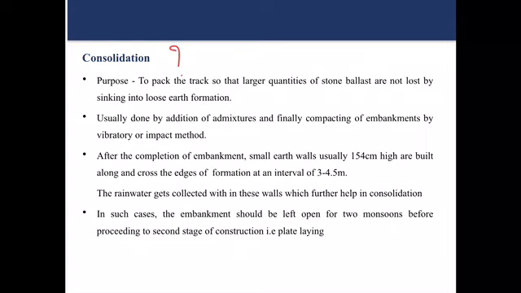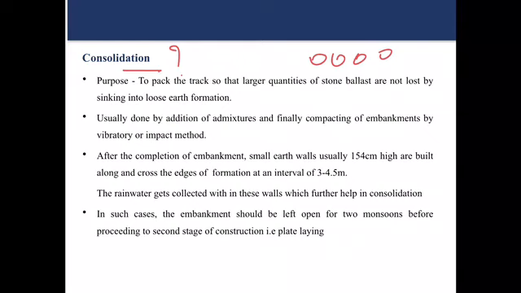And if any voids are present, be it air voids or water voids, there are chances that the ballast gets sunk into the soil layer. So to prevent sinking of ballast into the soil layer, we have to thoroughly consolidate the formation so as to remove any loose earth formation.